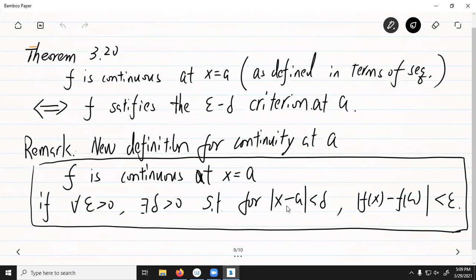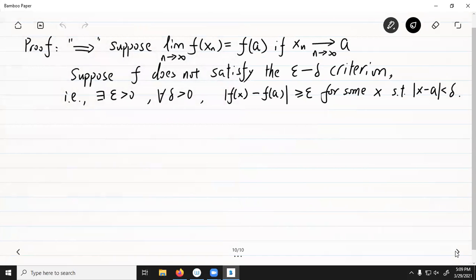Such that for all x in this interval becomes for some x in this interval. This difference should be less than epsilon becomes greater than or equal to epsilon. So this is the meaning of does not satisfy the epsilon delta criterion.